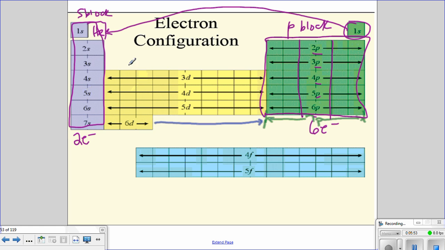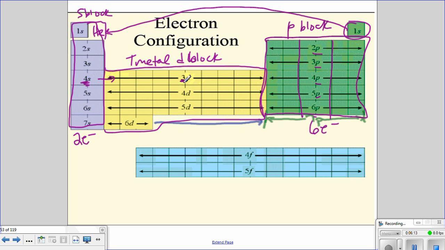Then we go to the middle section, the transition metals. The transition metals are all making up D block. And they are here in the middle, and these are the B groups. And there's one special case here. You'll notice that the 4th energy level, when we jump into D block, drops down to the 3rd energy level. So we have a special rule here called N-1.